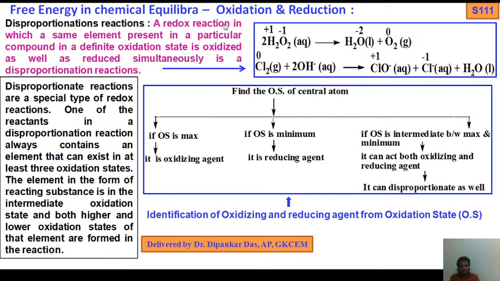Disproportionation reactions are redox reactions in which the same element present in a particular compound in a definite oxidation state is oxidized as well as reduced simultaneously.